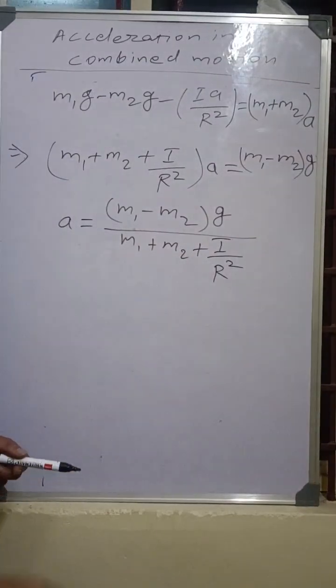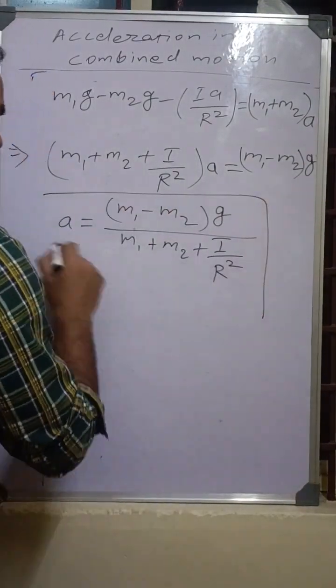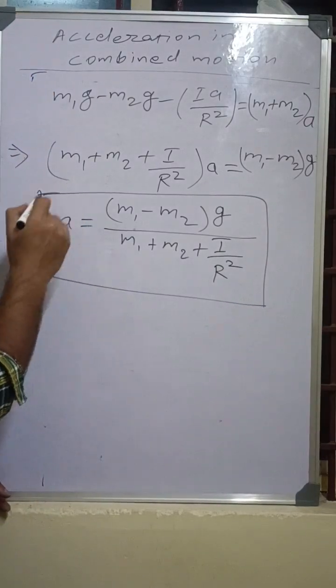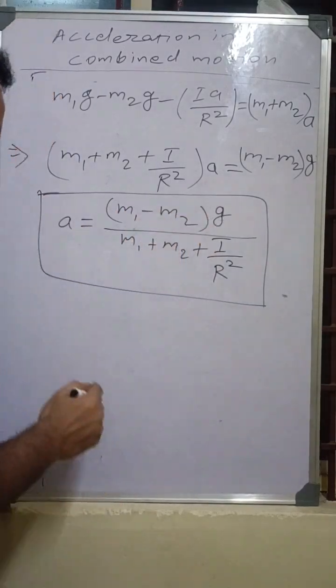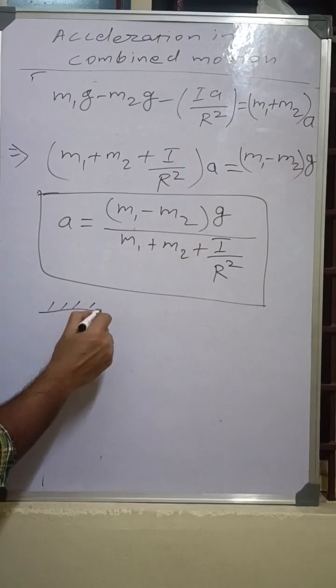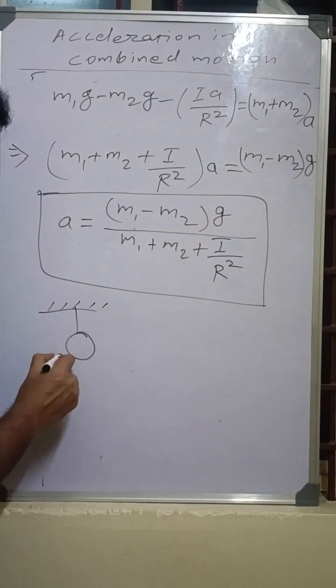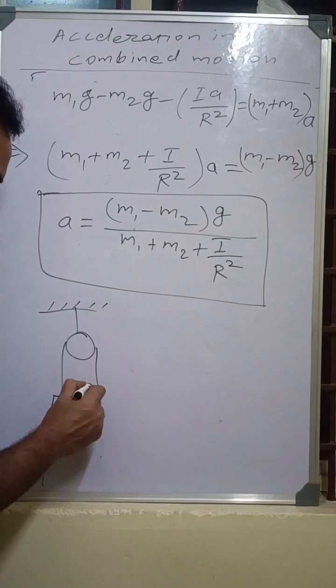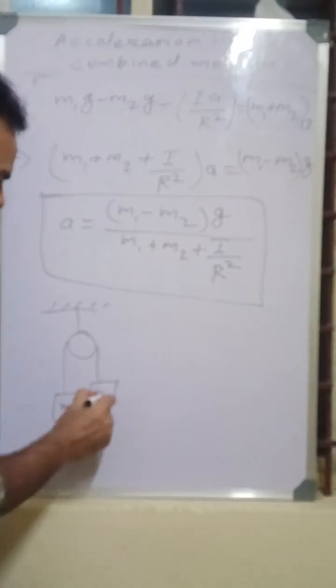Now analyze this result. A equal to M1 minus M2... Once again I am drawing a figure. Here it will be M1, here it will be M2.